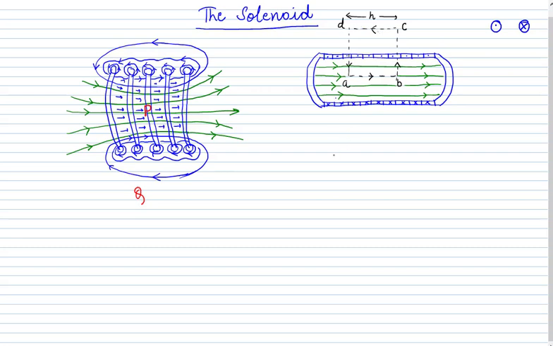So if you employ Ampere's law, B dot dl is equal to mu naught I. If you come to this arm CD, here the current flowing is 0. So along CD the field is 0, because there is no current.